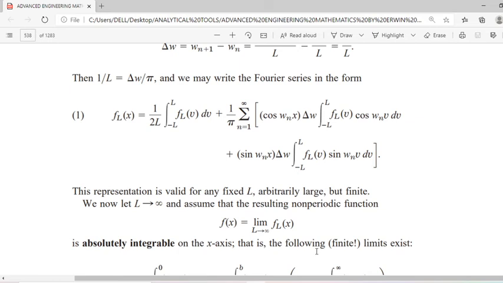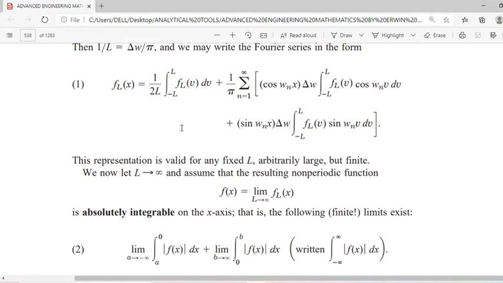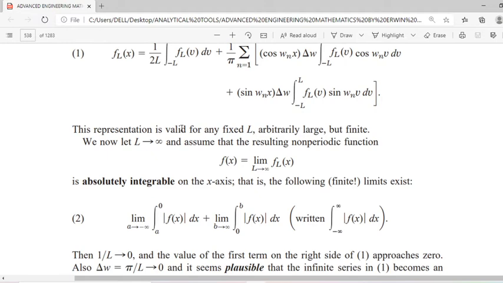Okay. So what happens when we apply the limit L tends to infinity to both sides? What happens? When we apply this limit, you can see that the left side is nothing but f of x is equal to limit L tends to infinity fL of x.